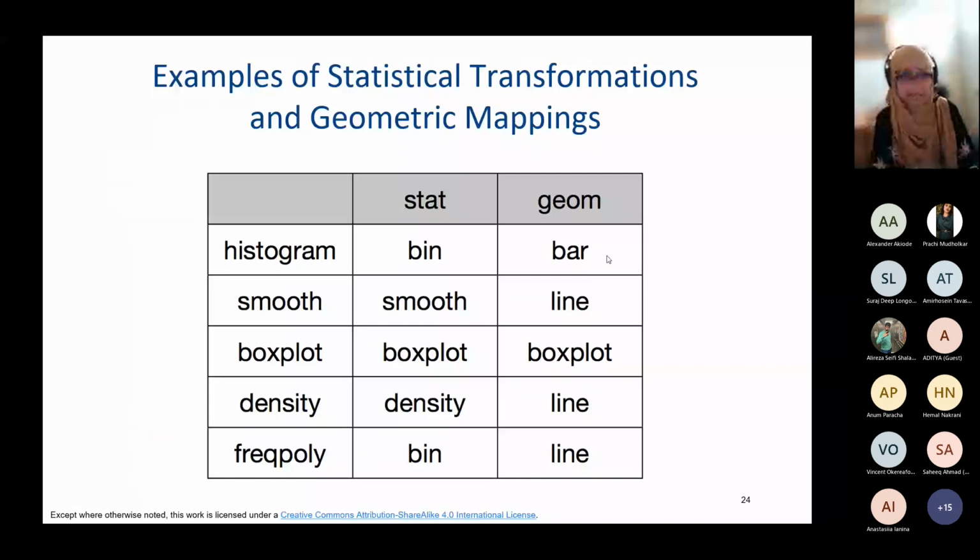Examples of statistical transformations and geometric mappings include histograms, smooth plots, box plots, density graphs, frequency polygons, bin maps, bar graphs, and line graphs. As you can probably see here, box plots fit into both statistical and geometrical.